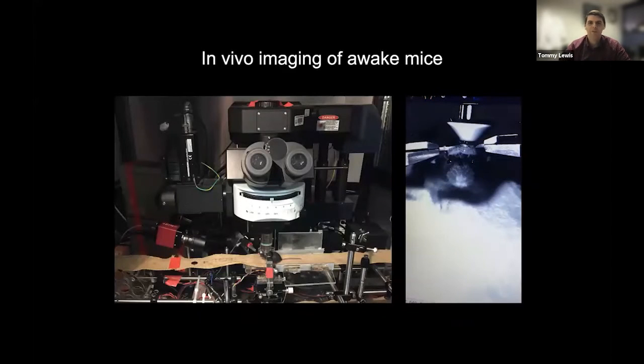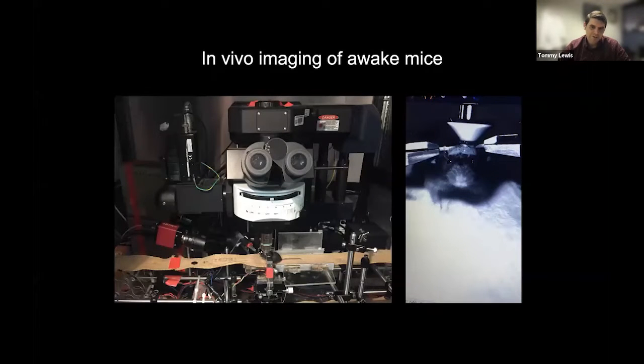But then we couple this with in vivo imaging techniques and also ex vivo imaging techniques to visualize mitochondrial dynamics and functional changes that are occurring in live animals, live mice.